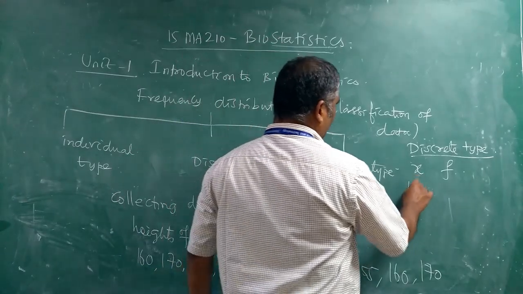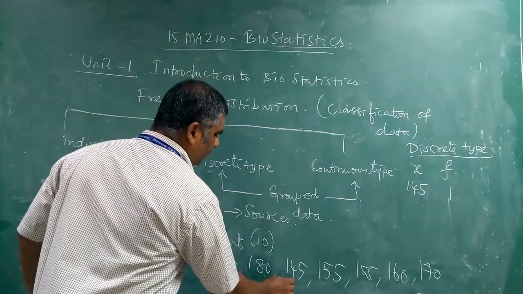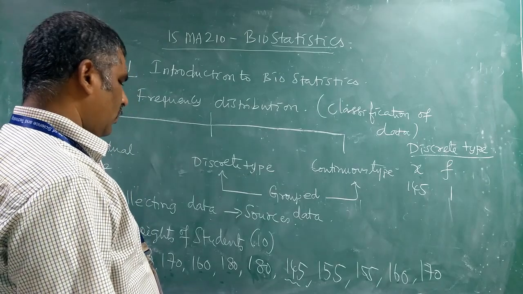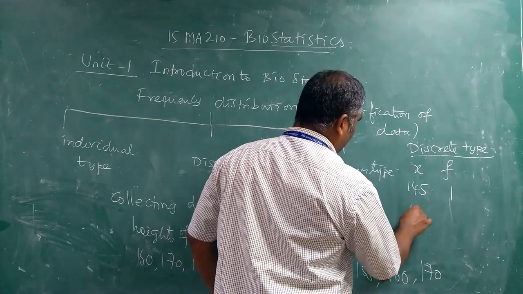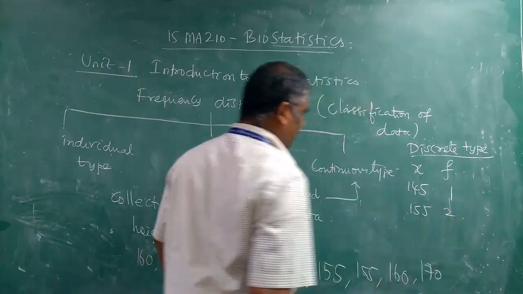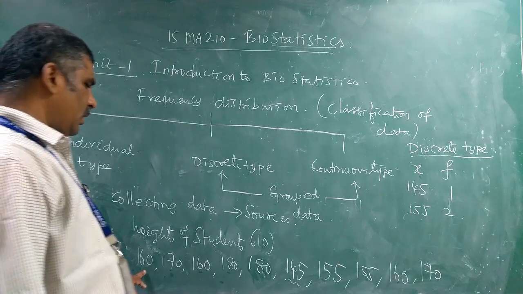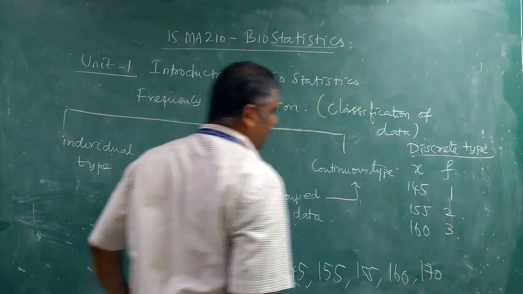145, one time is repeating. Then the next is 155, which repeats 2 times. Then the next data is 160, which repeats 3 times.